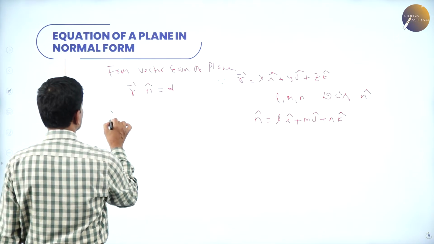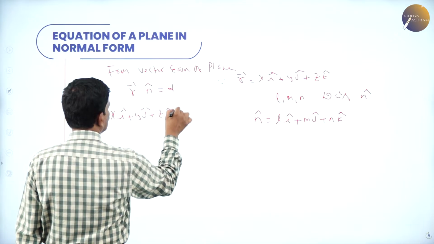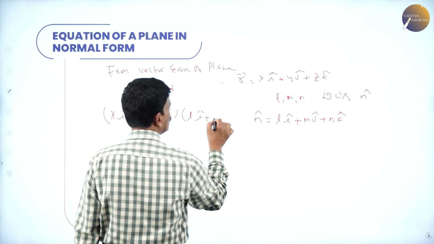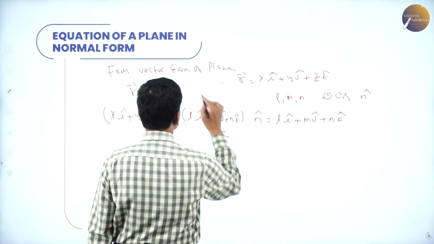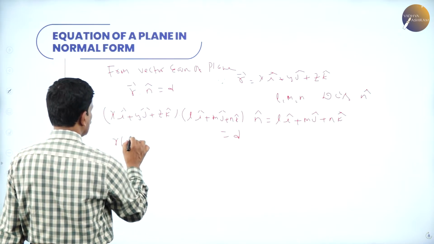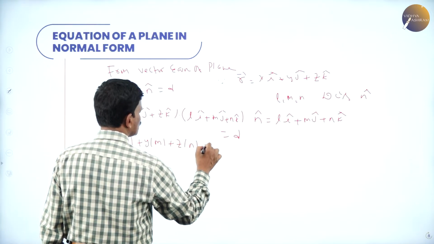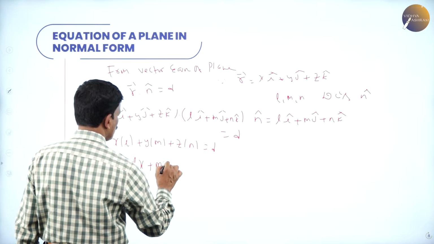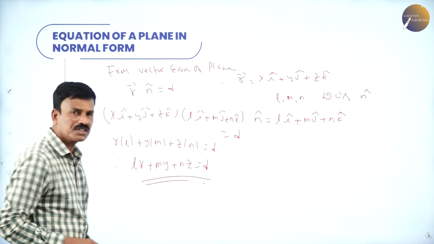R is xi plus yj plus zk, dot N cap, which is Li plus Mj plus Nk, is equal to D. Now just apply the dot product. So this is X into L plus Y into M plus Z into N is equal to D. So the combined equation is Lx plus My plus Nz is equal to D. This is the Cartesian equation.